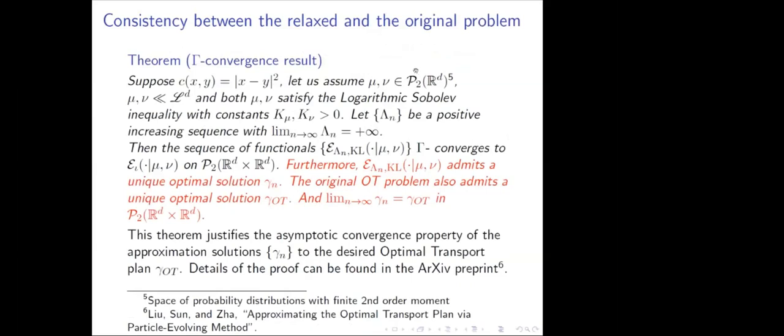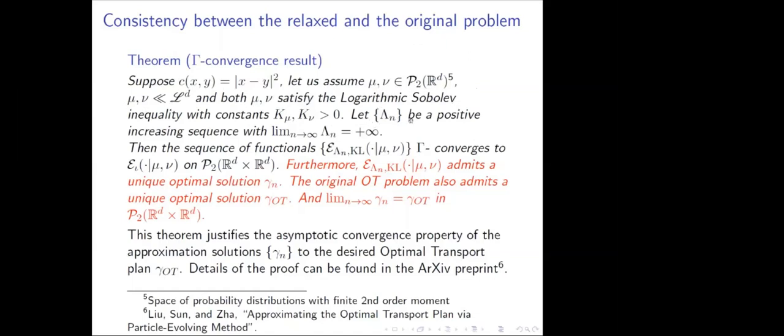And for this kind of relaxed problem, we have the following consistency theorem. The theorem basically says that if we consider the quadratic cost, and we assume that mu and nu belong to probability distributions with finite second-order moment, and they have densities, and they all satisfy the log-Sobolev inequality with two constants.